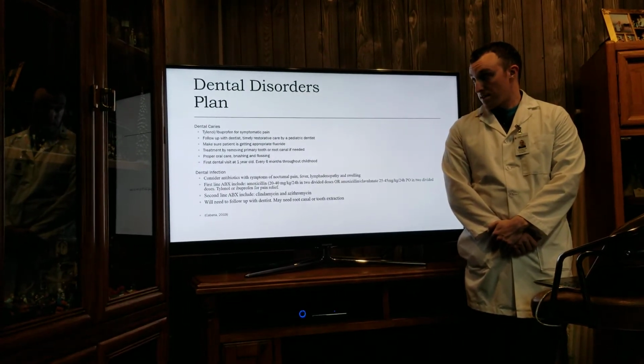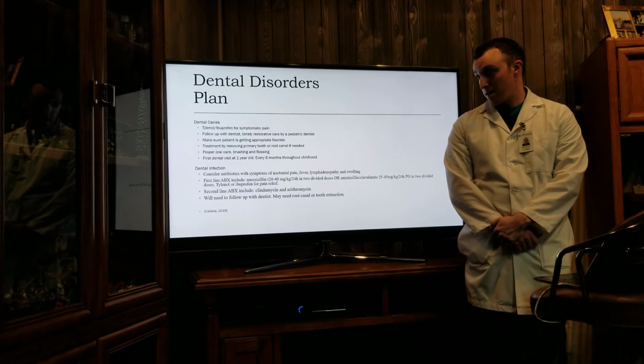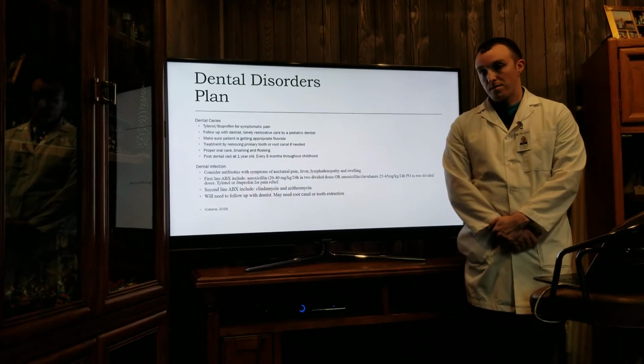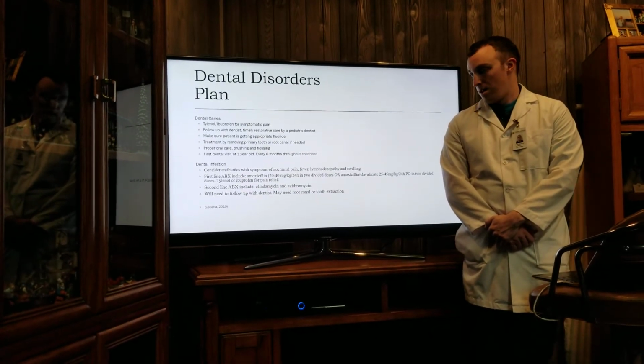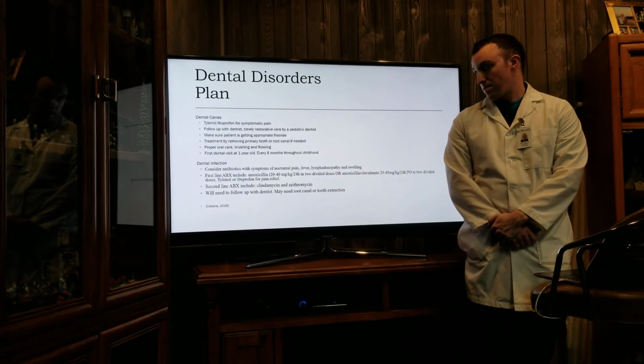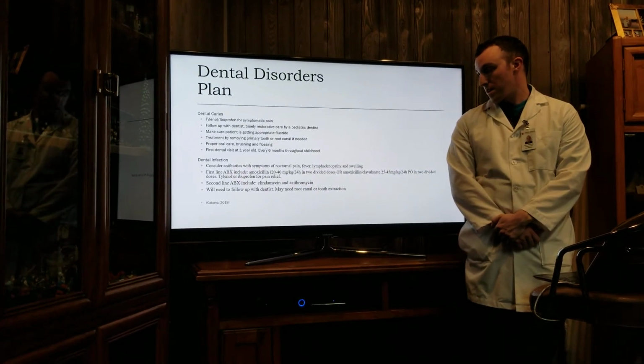Dental infection, plan for that. Consider antibiotics with symptoms of nocturnal pain, waking up at night, having fever, lymphadenopathy, or swelling.